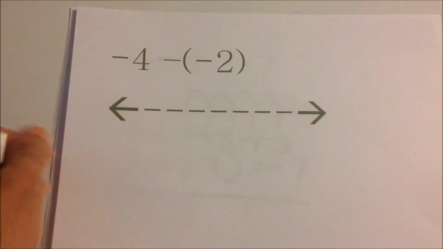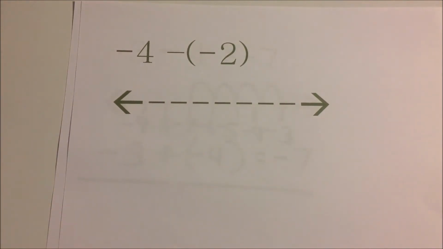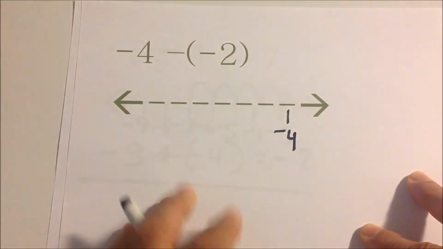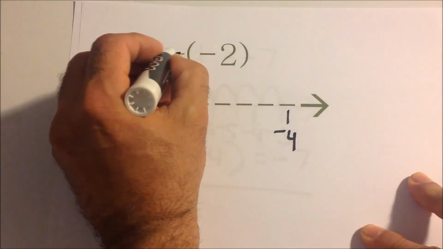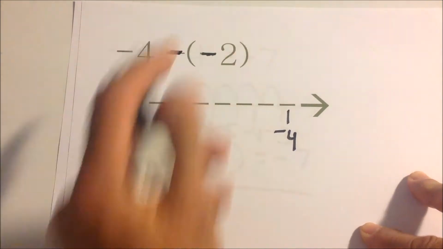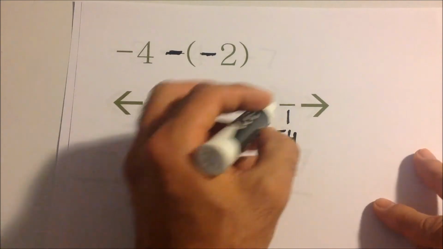Okay. What about this one? This one's a little tricky. So we have negative 4. We'll start at negative 4 here. And what does it tell us to do? It says to minus a minus. This doesn't say minus 2. It says minus a minus 2. So when you see a minus minus, that means to add.